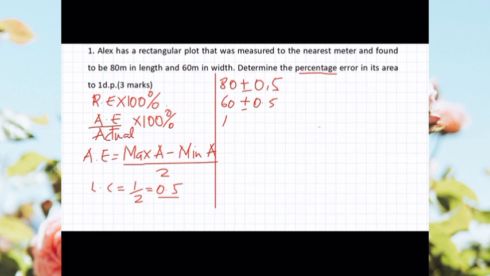To get the minimum, we subtract. So to get the maximum area, we know that area is given by length multiplied by width. And so here, the actual is just going to be 80 multiplied by 60, which is 4,800.